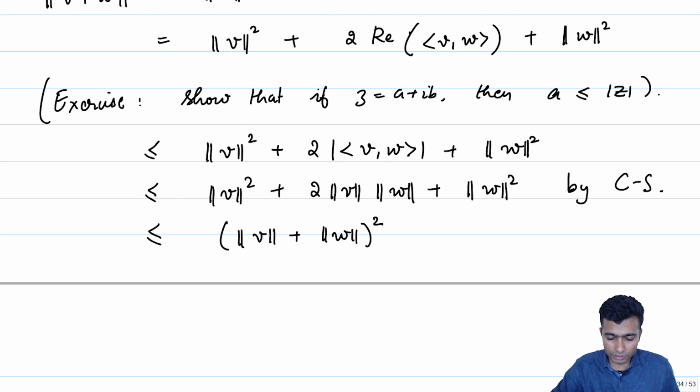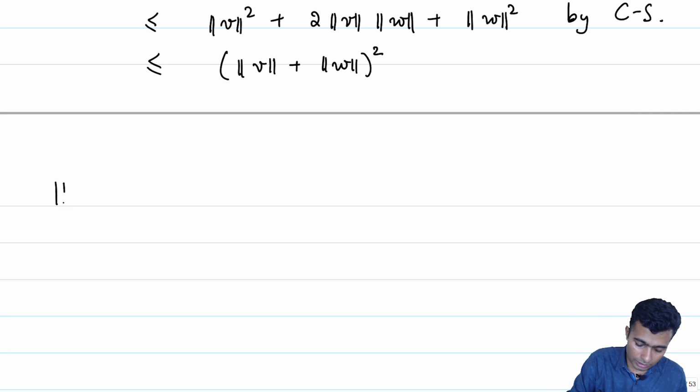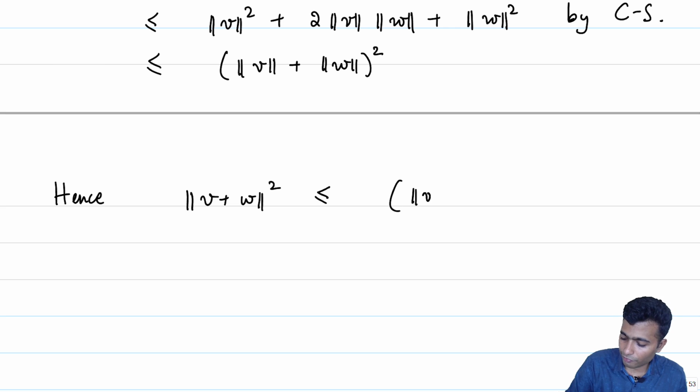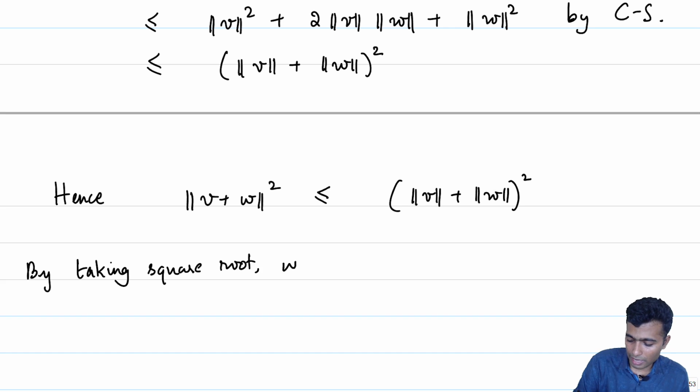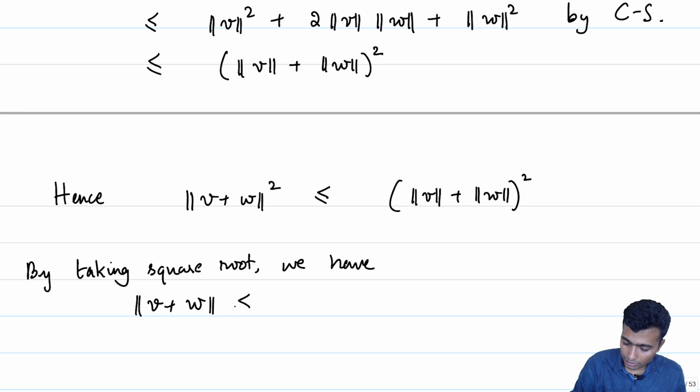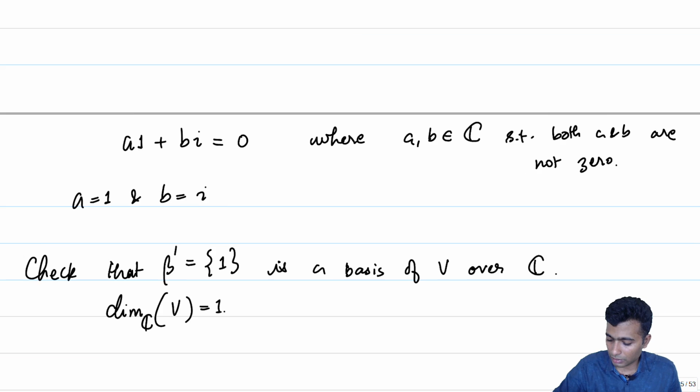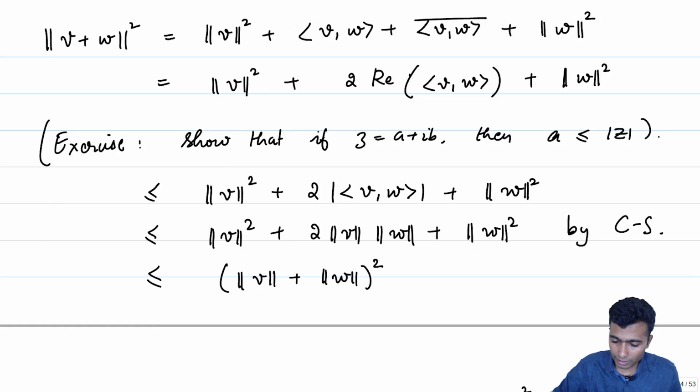So recall what we have done. We have shown that the length of V plus W square is less than or equal to the length of V plus the length of W whole square. By taking square root, we have the length of V plus W is less than or equal to the length of V plus the length of W, and that's precisely what we had intended to prove.